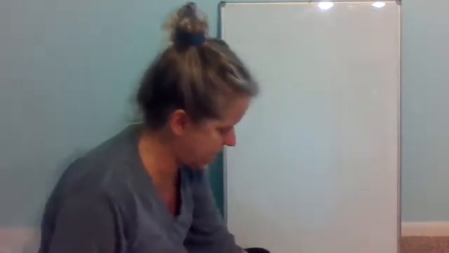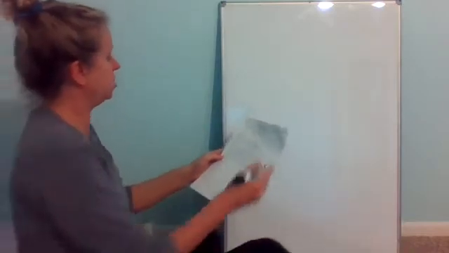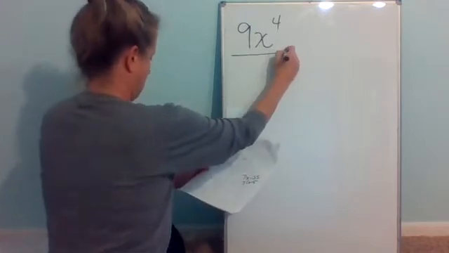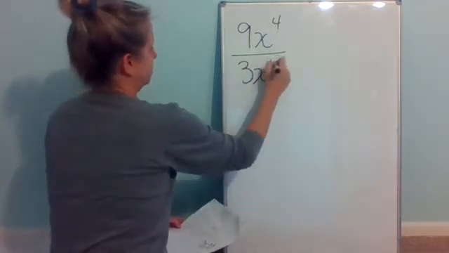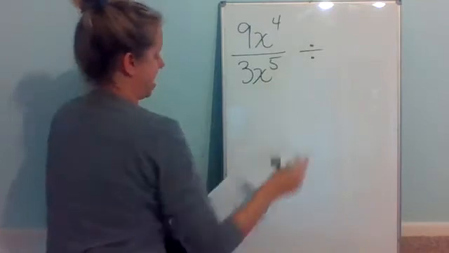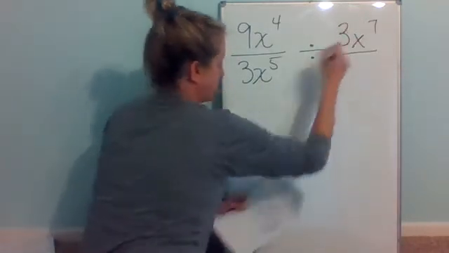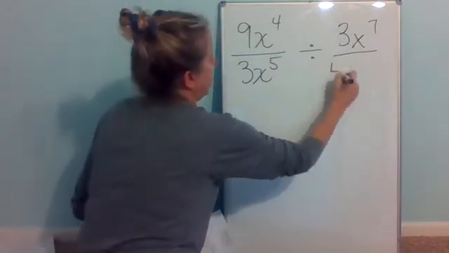So let's see, I have got 9x to the 4th over 3x to the 5th divided by 3x to the 7th over 5x to the 8th.